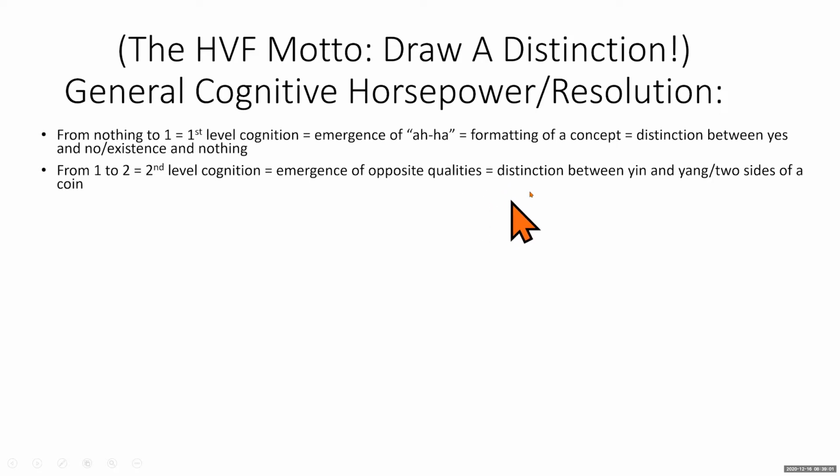It's a distinction you make between yin and yang, between black and white, between day and night, that sort of thinking. Now, we have to acknowledge there are many, many people on this planet still working at this level.